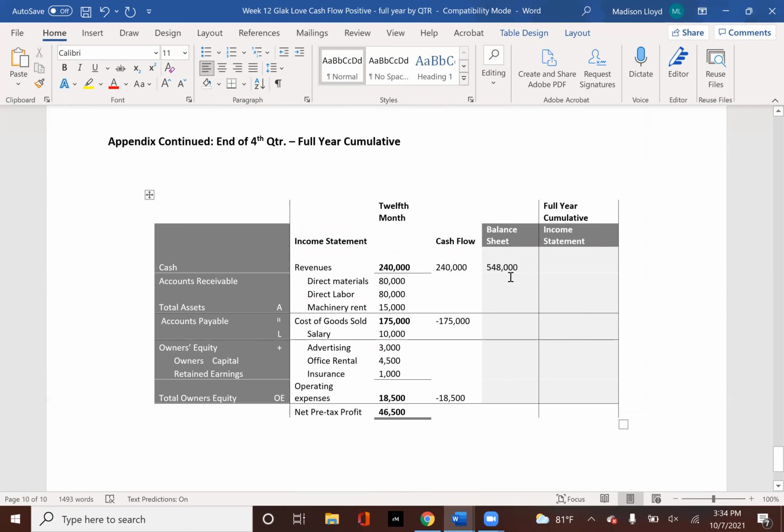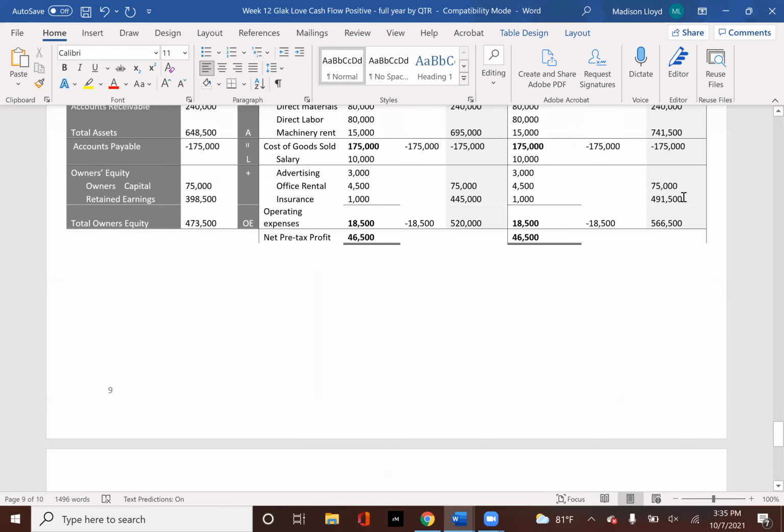Your accounts receivable is going to be $240,000 because that's what you have to receive this month. Accounts payable is going to be $175,000. You've got to pay off cost of goods sold this month. Scroll down to owner's capital, $75,000. Retained earnings, look at last month's retained earnings, $491,500.